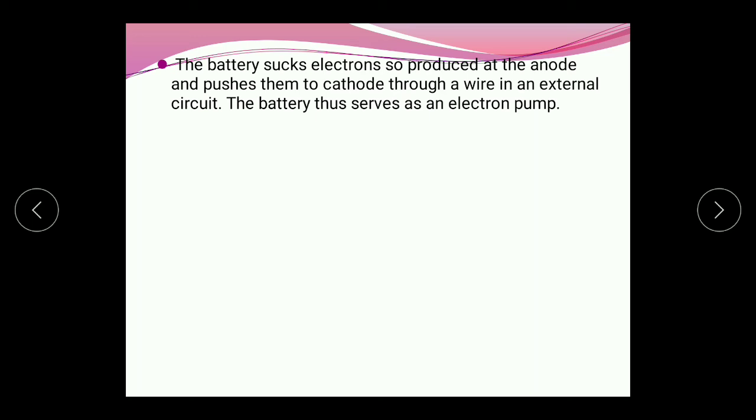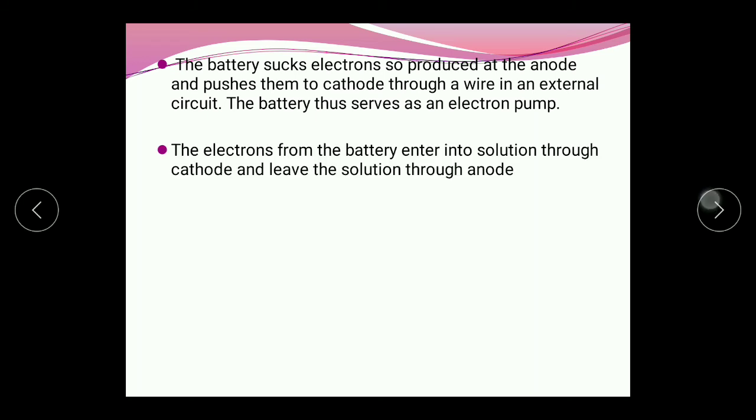That means the battery sucks the electrons produced at the anode and pushes them to the cathode, carrying them through a wire in an external circuit. And the battery thus serves as an electron pump. That means it sucks those electrons from the anode and transfers them to the cathode like a pump. It is an electron pump, we can say.